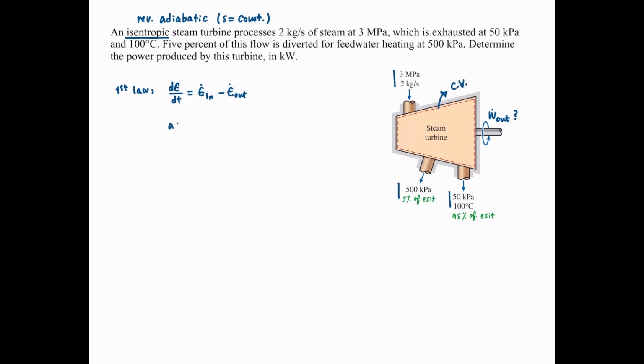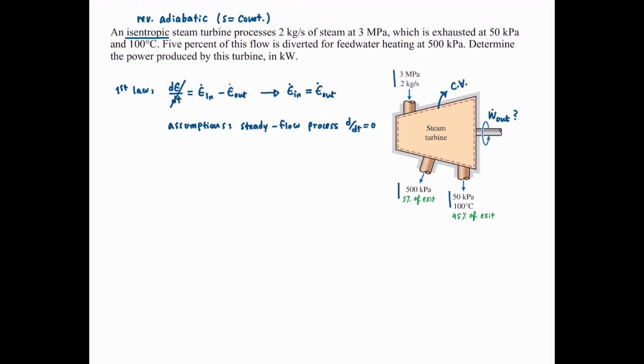So let's first write down the assumptions in the first law. I'm going to assume that this is a steady flow process. Since there is no change with time, d/dt equals 0, or the left-hand side of the first law will be 0. So it's going to be E dot in equals E dot out.